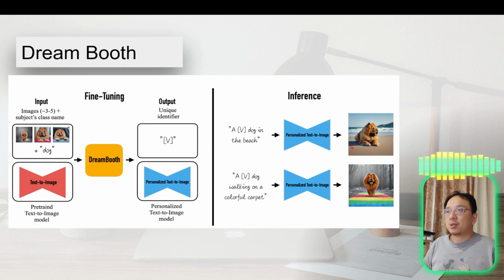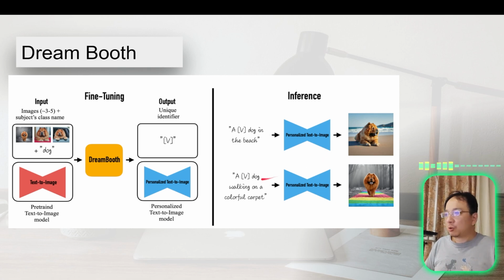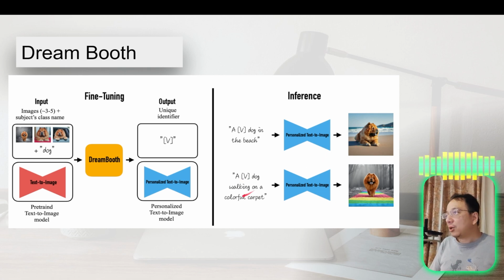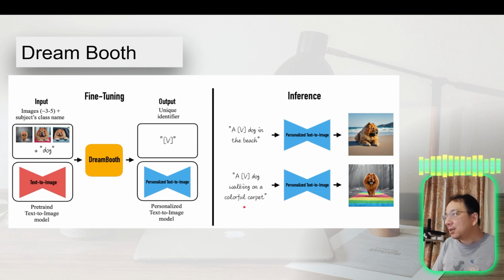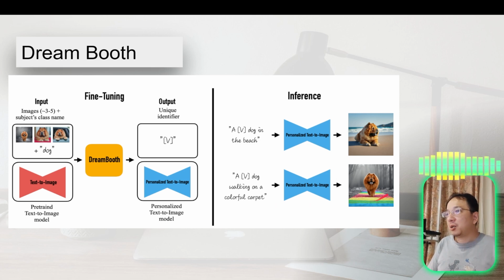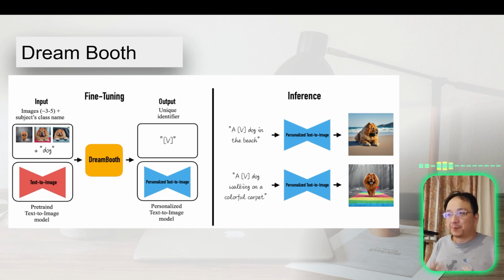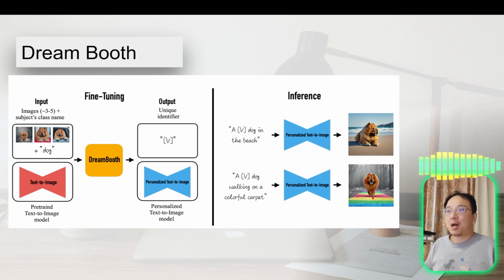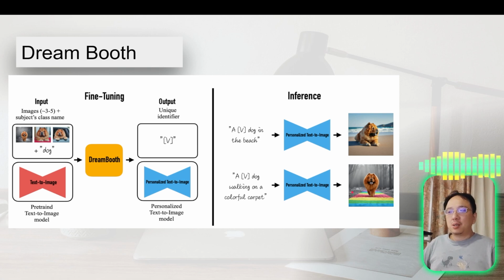image with a background of a beach, and a feed dog walking on a colorful carpet, and we can definitely see the feed dog right here, on a colorful, rainbow-like carpet.